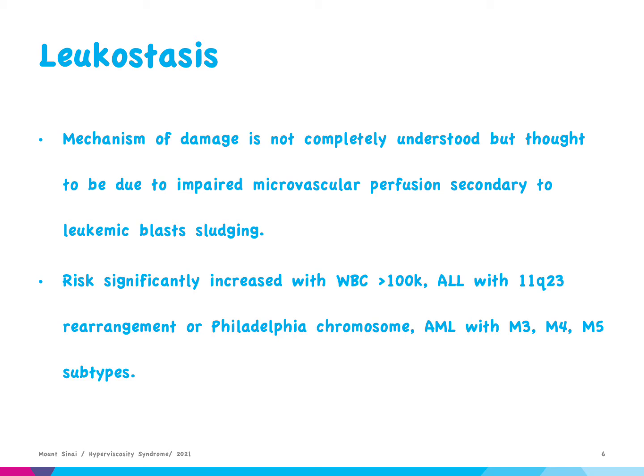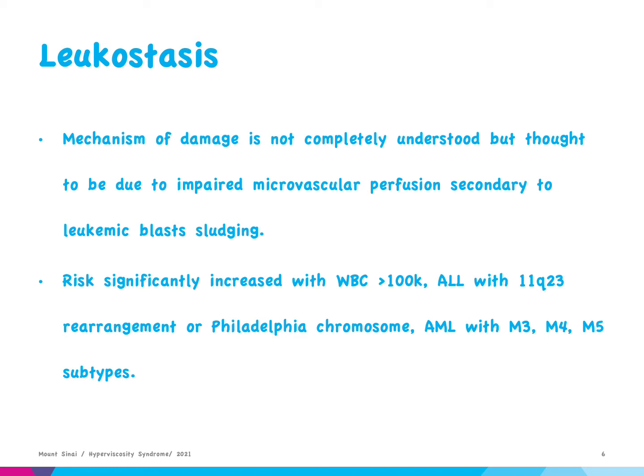It's easier for them to get stuck. It's thought to be secondary to some blast sludging. And then you have other factors as well. For example, myeloid cells are larger than lymphoid cells, so you'll have more predisposition with the myeloid leukemias. And of course, when it's acute, when it's blasts, because they're less malleable.